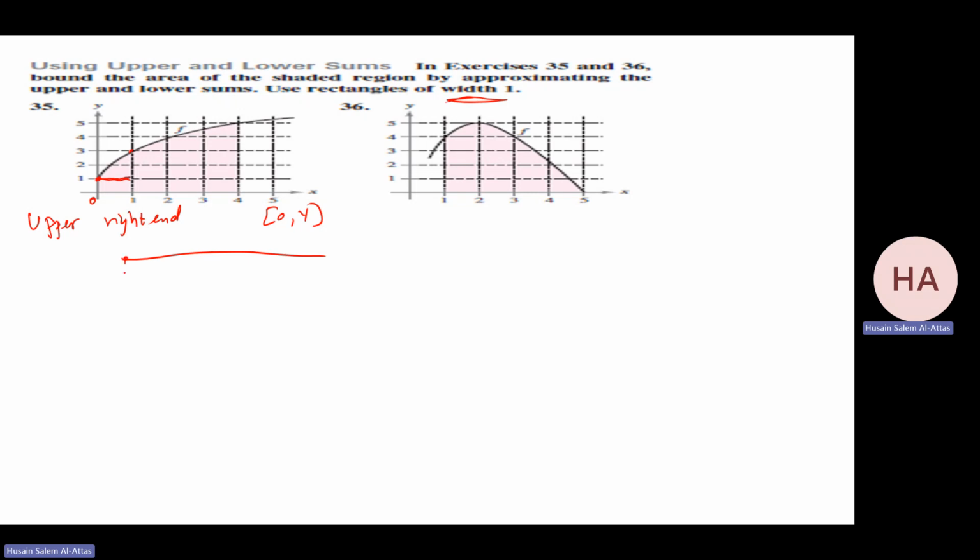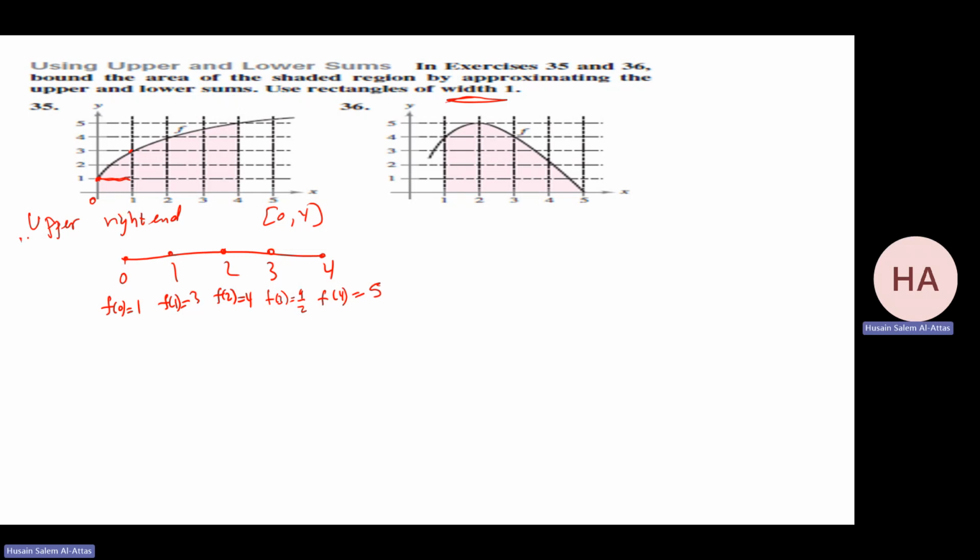I have 0, and the width is 1. So f at 0 will be 1. f of 1 will be 3. f at 2 will be 4. f at 3 can make it 4.5, 9/2. And f at 4 will be 5.